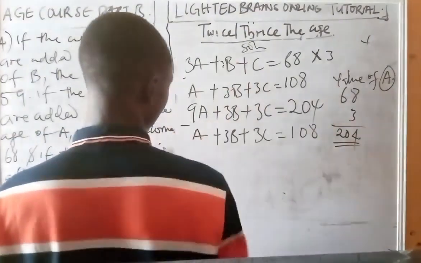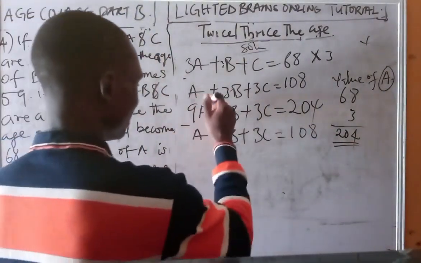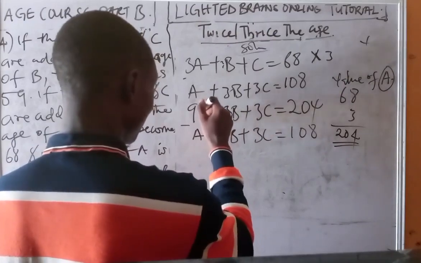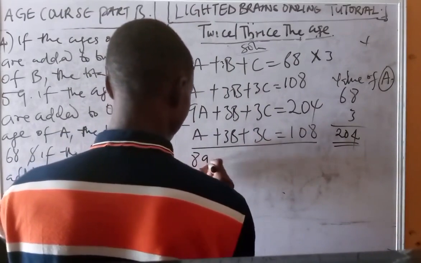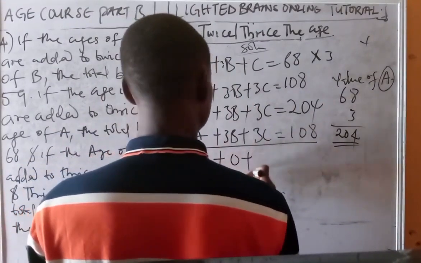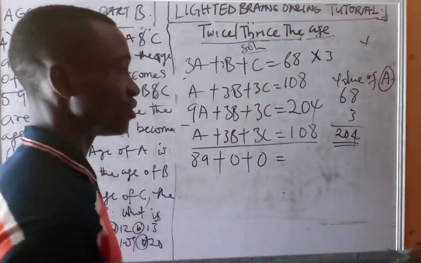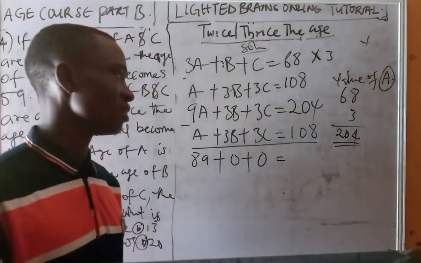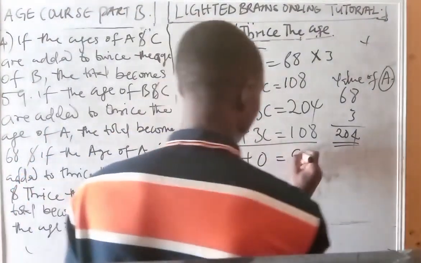So we are going to minus. 9A minus A will give us 8A, plus 3B minus 3B is 0, plus 3C minus 3C will give us 0, equal to 204 minus 108, which will give us 96.